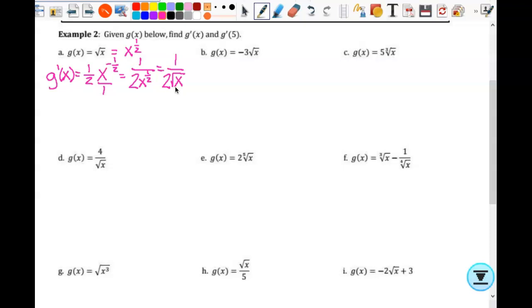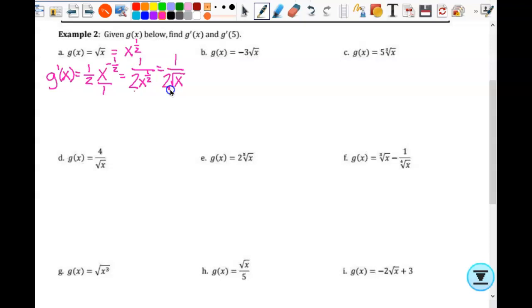Now, you could leave it like this, or you could skip this step and do this. Just like with having positive exponents, I would suggest that you have roots when you are going to substitute something in, so you don't do weird things with fractional exponents. I think the roots make more sense.